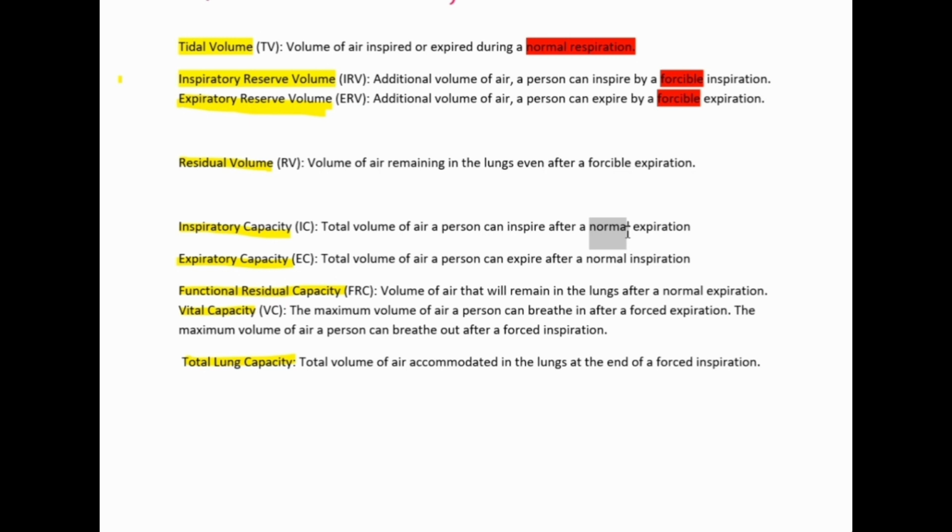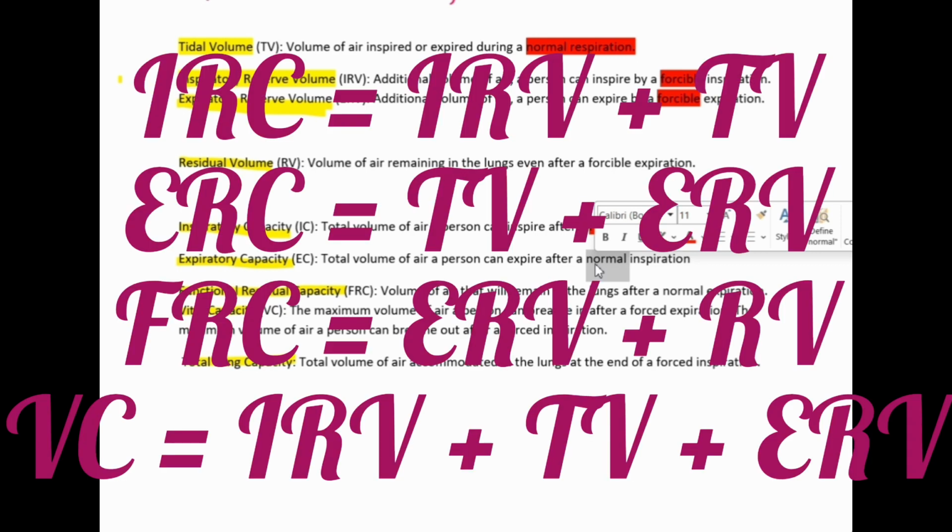Inspiratory capacity is the sum of IRV and TV, the first two. Whereas expiratory capacity is the sum of tidal volume, T, and expiratory reserve volume, E. And FRC, functional residual capacity, is the sum of the last two. What is it?